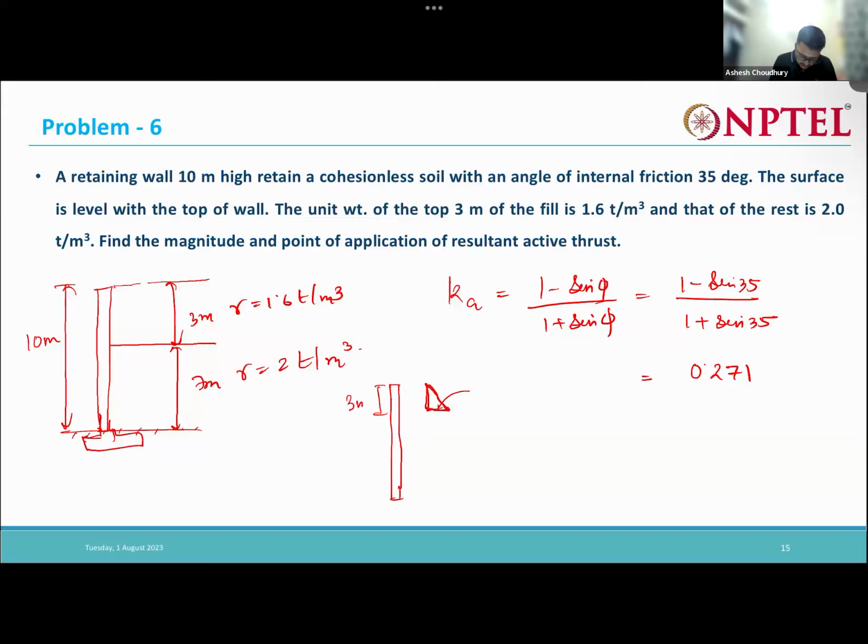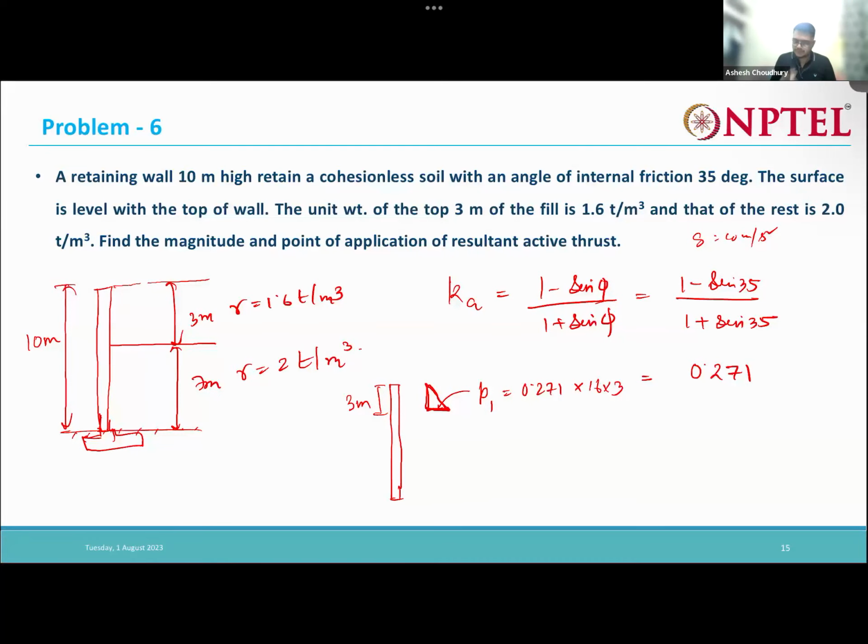It's 3 meters. Small p1 will be nothing but 0.271 into 16. Let us say g is equal to 10 meter per second squared. 16 into 3, right? So this will be this length.